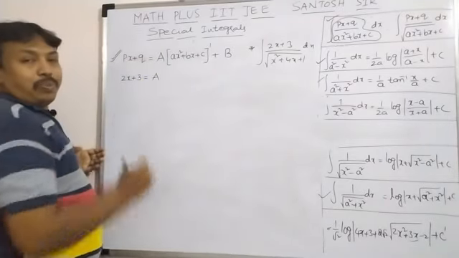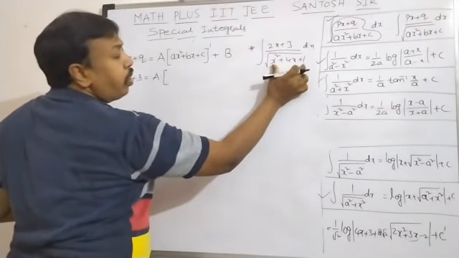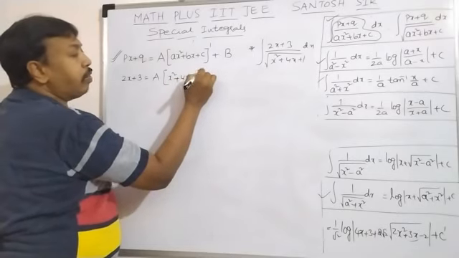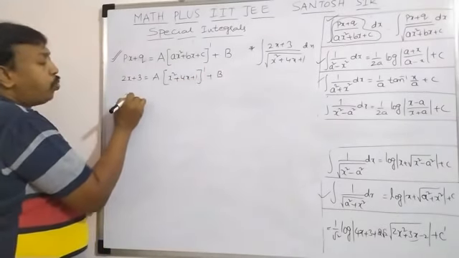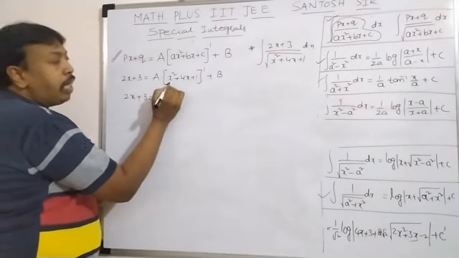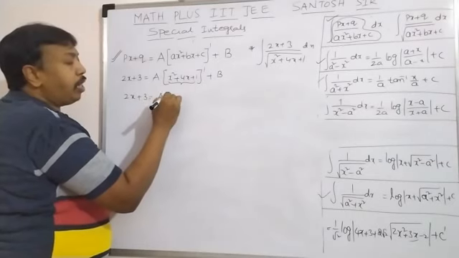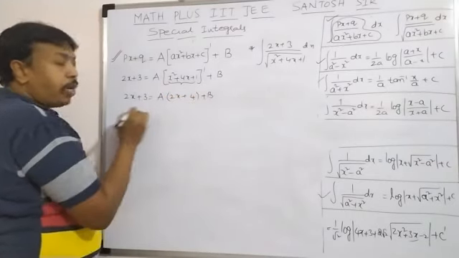Capital A into the same denominator's derivative, here the derivative of x square plus 4x plus 1, plus B. So 2x plus 3 is equal to A into the derivative of this function, that is 2x plus 4, plus B. Now compare the coefficients.